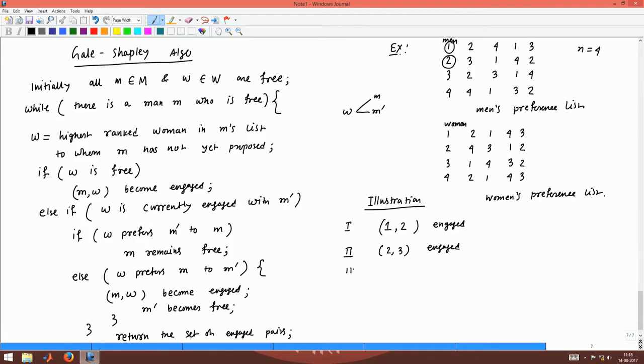Okay. Now, in the third iteration still there is a man who is free. So, 3 is free. So, 3 will propose to 2.